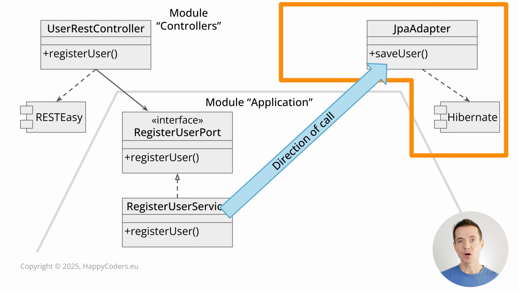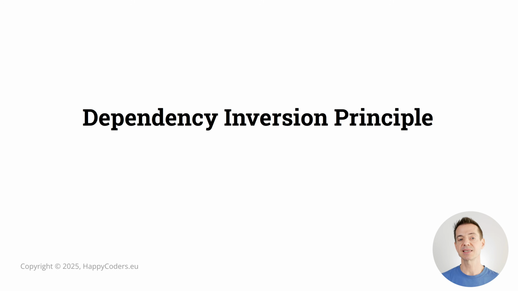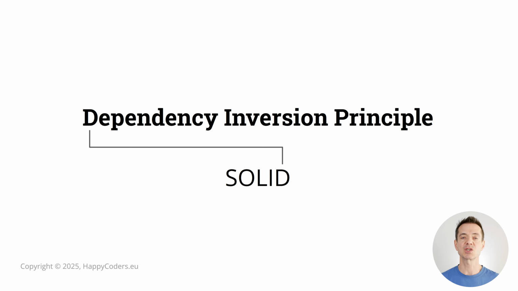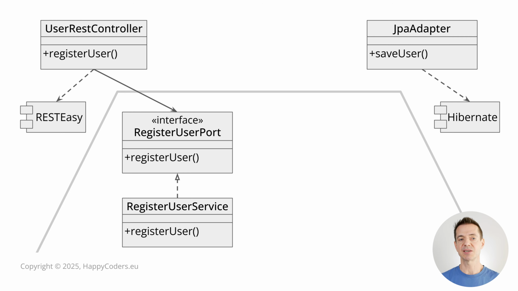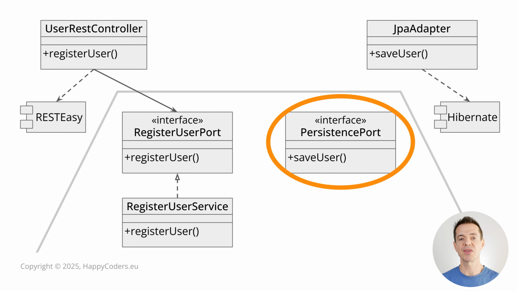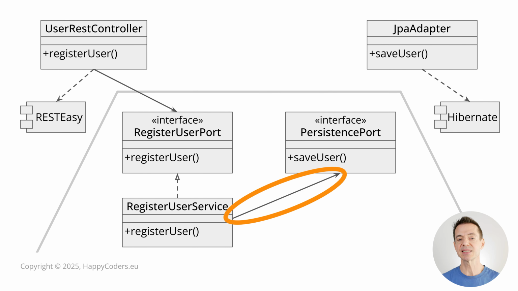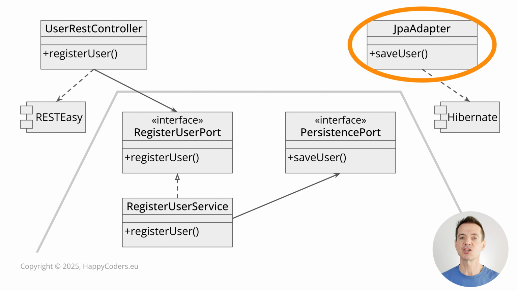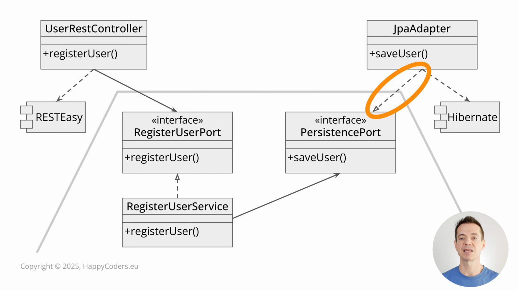And that's why we turn the dependency around. We invert it using the dependency inversion principle, the D in SOLID. And it works like this. We add another interface to the application hexagon, the persistence port. The service has a dependency on the interface, and the JPA adapter implements the interface and is connected to the service via dependency injection.